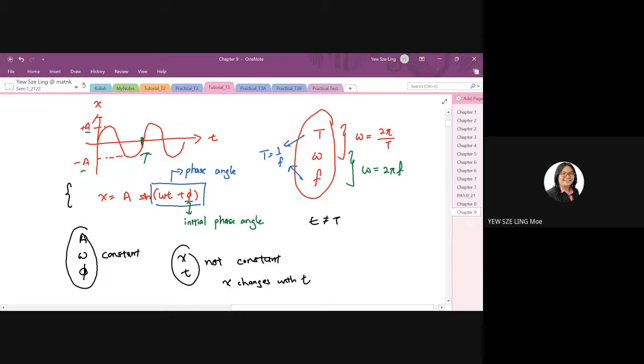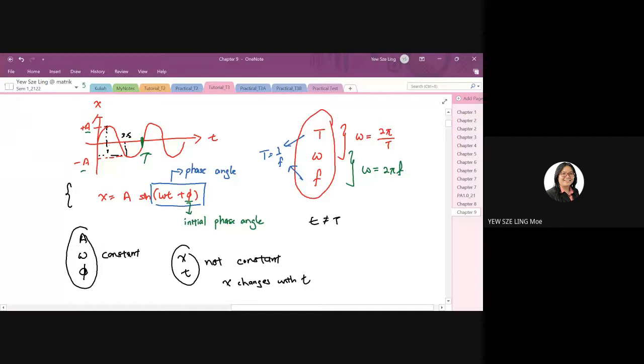So let's look at the graph. Let's say at time t equals 1, your object is at its amplitude, for example. Then at time t equals 3.5, your object is somewhere in between the maximum position and the equilibrium position. So x keeps changing with time.